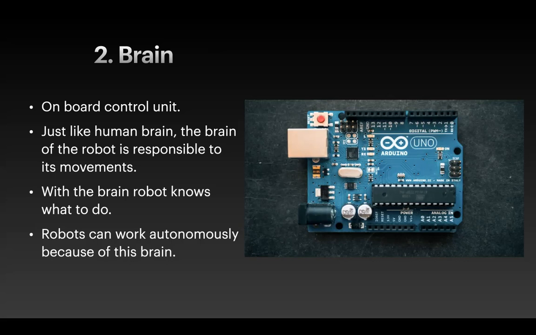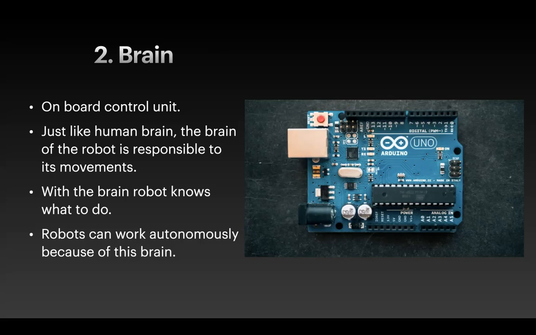And the other characteristic of the brain is that with the brain, the robot knows what to do. Without the brain, it is just sensors, actuators and a chassis. But from the brain, the robots know what to do. Simply saying, we code the brain, and then robots can work autonomously because of this brain. In the future, there are going to be autonomous robots too, and they can work autonomously because of their brain.